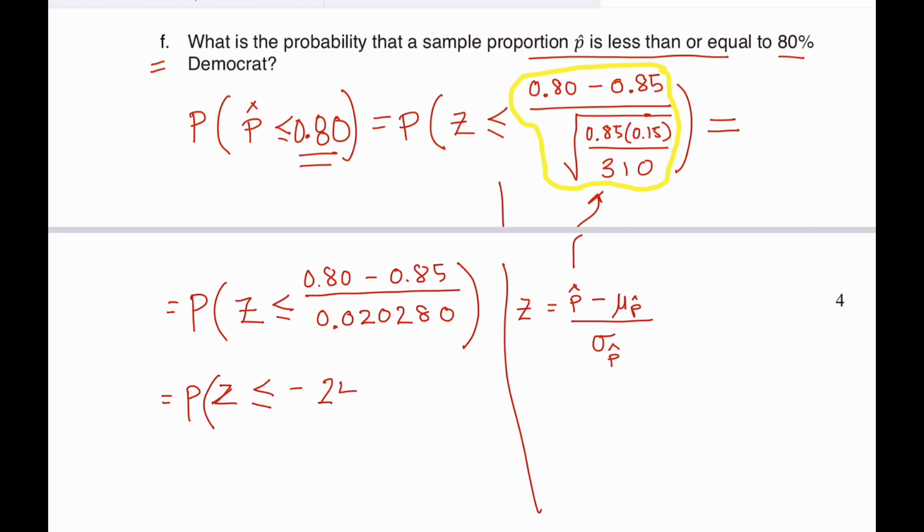This gives me, since this is a z-score, I only have to go out to 2 decimal places. I'm just going to stop there.